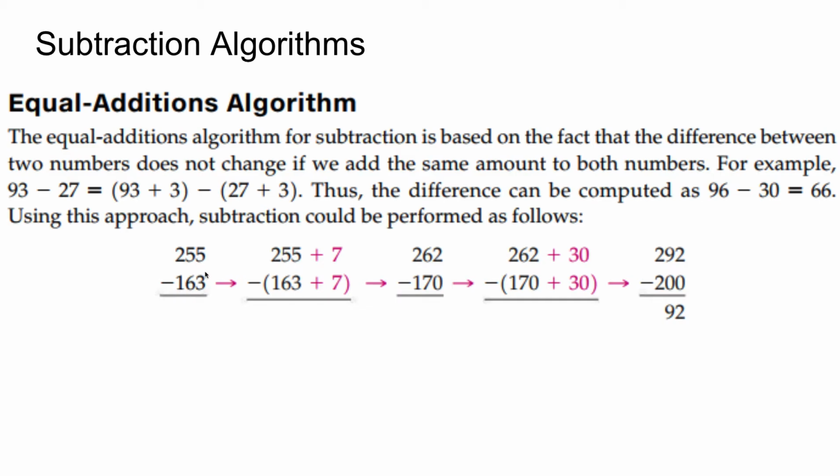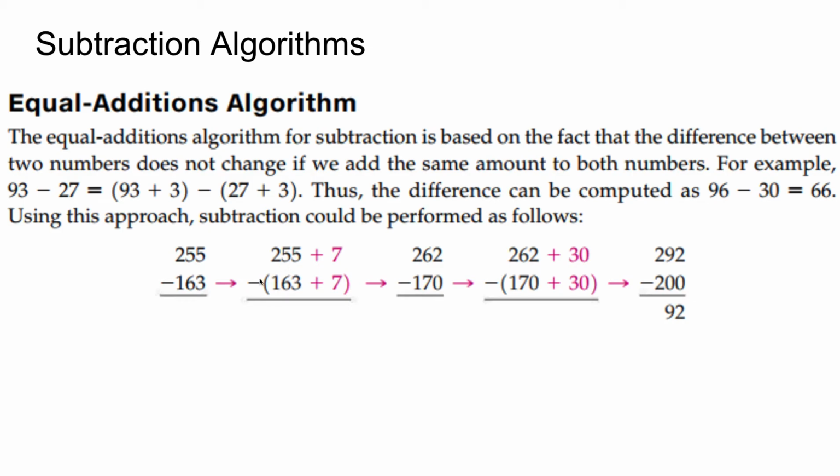255 minus 163, make this 163, the subtrahend, an easier number. The easier number is taking away 170 or 160. In this case, we change this to 170. So you add the 7 here, but why do we add the 7 in the subtrahend again? I want you to think about it. You got it?